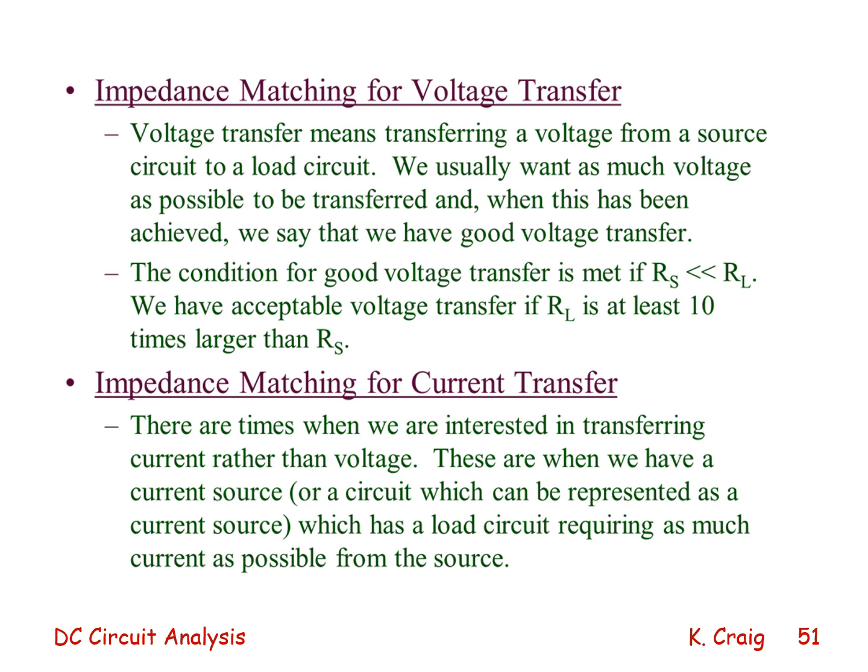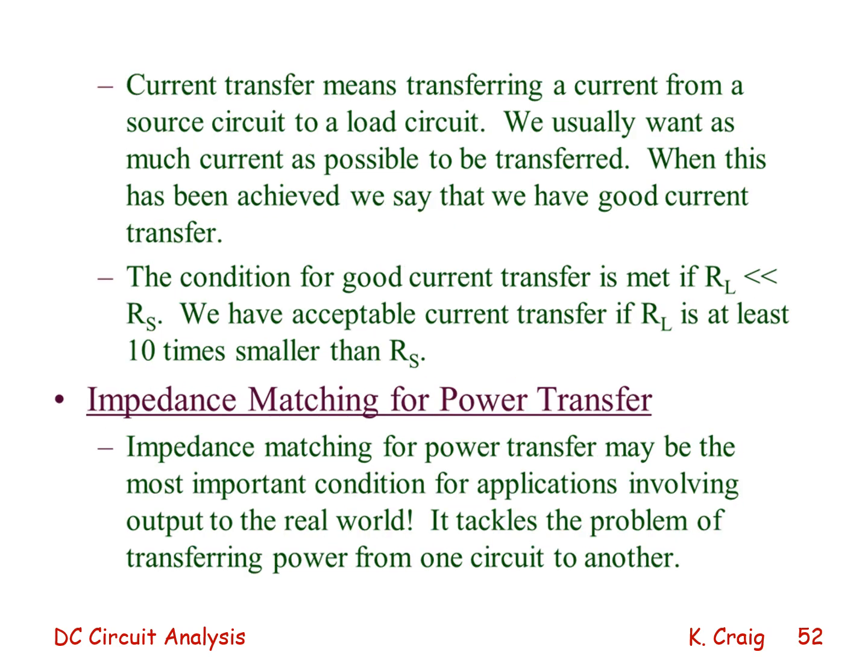Impedance matching for current transfer. There are times when we are interested in transferring current rather than voltage. These are when we have a current source or a circuit which can be represented as a current source, which has a load circuit requiring as much current as possible from the source. Current transfer means transferring a current from a source circuit to a load circuit. We usually want as much current as possible to be transferred.